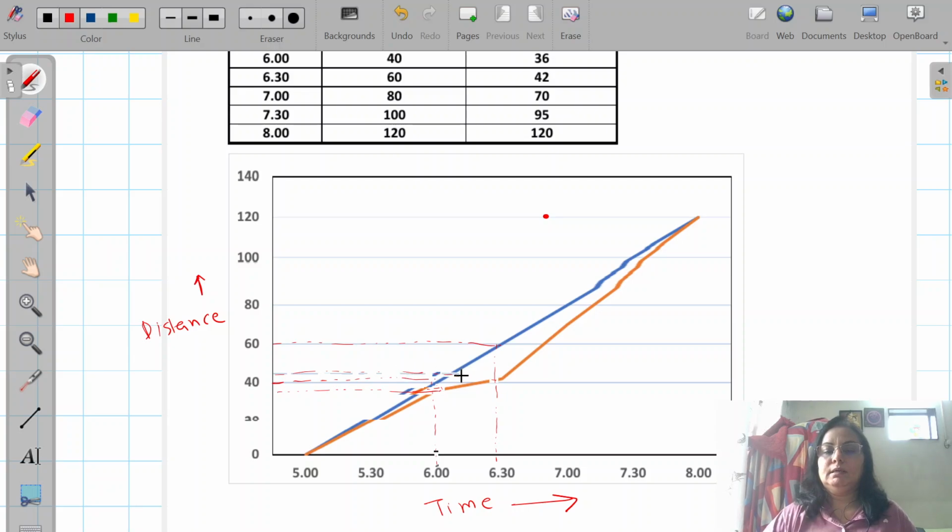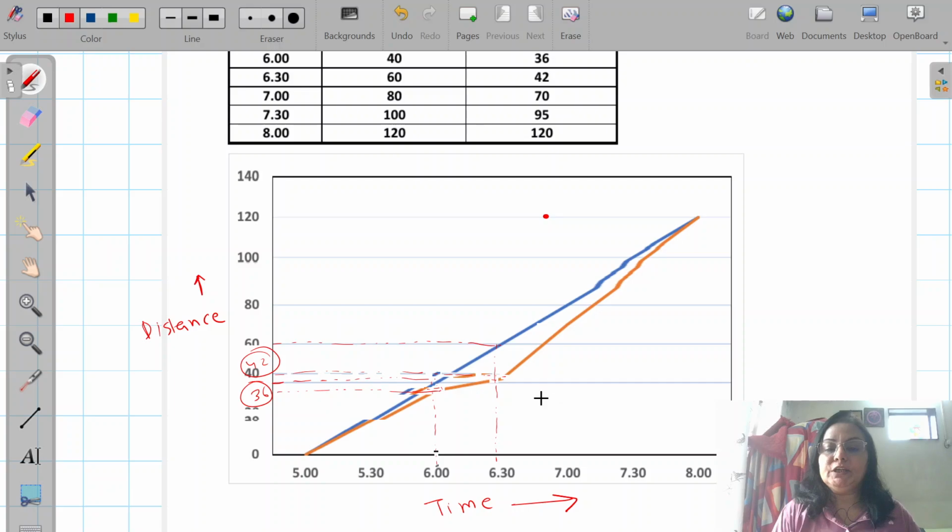This is the line, says 42, and this is 36. So he covered only 6 kilometers in half an hour, whereas Amar covered 20 kilometers.